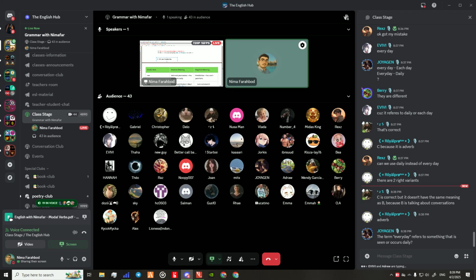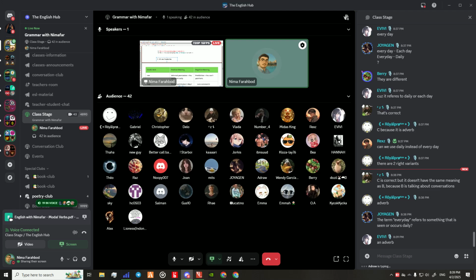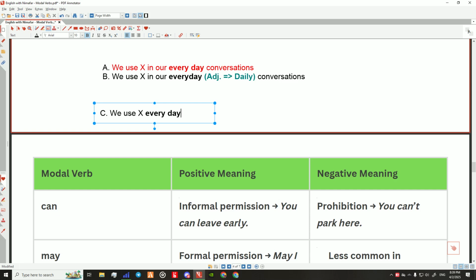Adverb. The term everyday refers to something that is seen or occurs daily. Exactly. Daily, we can say. An adverb. Very good. So this is an adverb here. And again, it means every day, each day, as our friend said. But it's important how and where we use it.